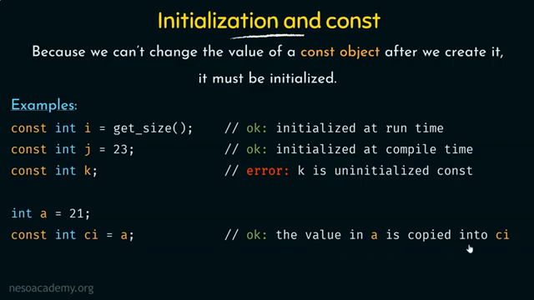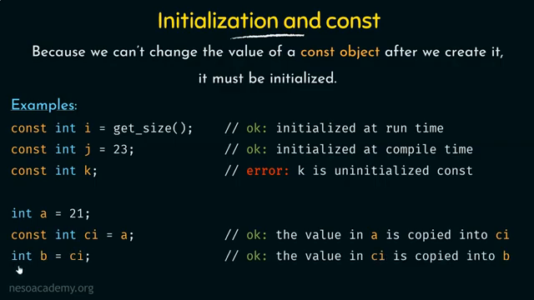The value of a is copied into ci. What is the value of a? The value of a is 21. So 21 is copied to ci. This ci will remain 21 forever. You can change the value of a later on, but the 21 that is stored in ci from a will not be changed again. It will remain a constant.